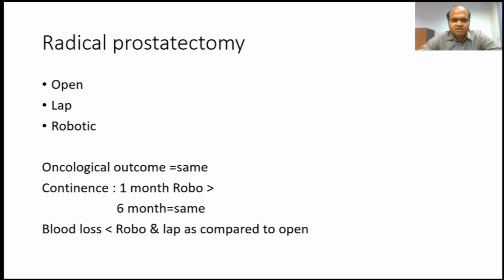However, at 6 months, the continence rate is the same across all three modalities. But the major advantage of robotic or laparoscopic surgery as compared to open is the blood loss. Because robotic or laparoscopic surgery is done with a pneumoperitoneum, that is with carbon dioxide within the abdomen, there is a raised pressure within the abdomen that reduces the venous blood oozing during surgery.